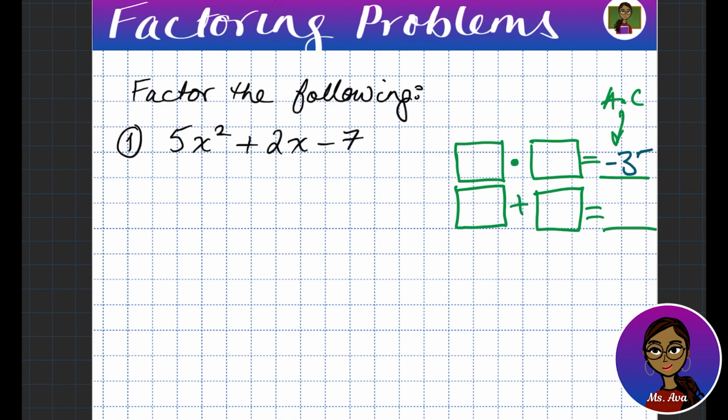And then the other one, the one they have to add up to, is going to be this guy right in the middle. So that's a 2. So the b value is for the adding and subtracting, and a times c is what you use for the multiplying. And then now looking at these two numbers, basically this number has to be exactly the same as for the adding, and then this one has to be the same over here.